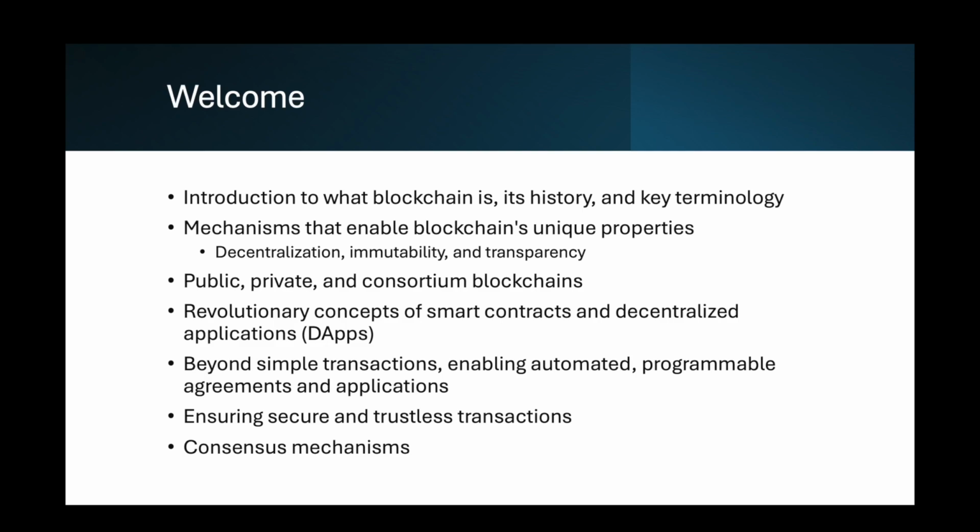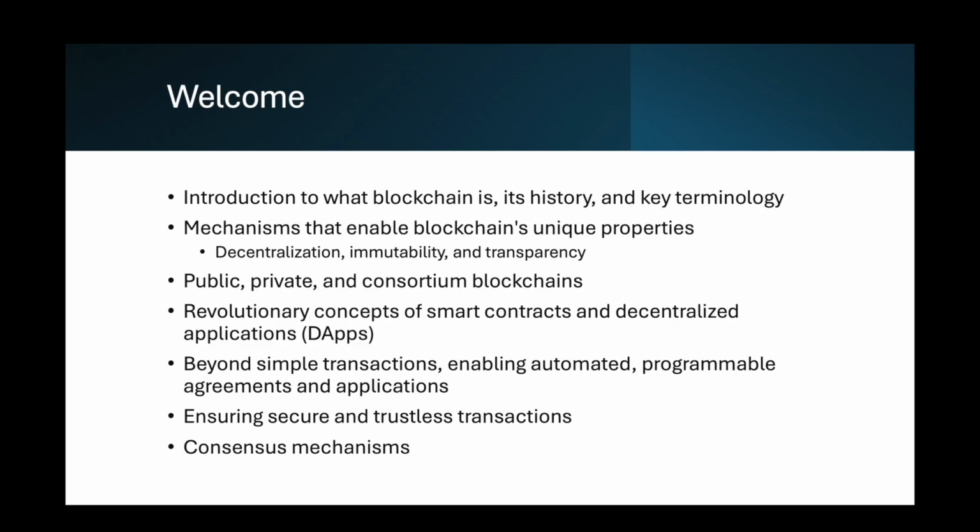As we progress, we'll explore the revolutionary concepts of smart contracts and decentralized applications, which extend blockchain's utility beyond simple transactions, enabling automated, programmable agreements and applications that run exactly as programmed without downtime, fraud, or interference.